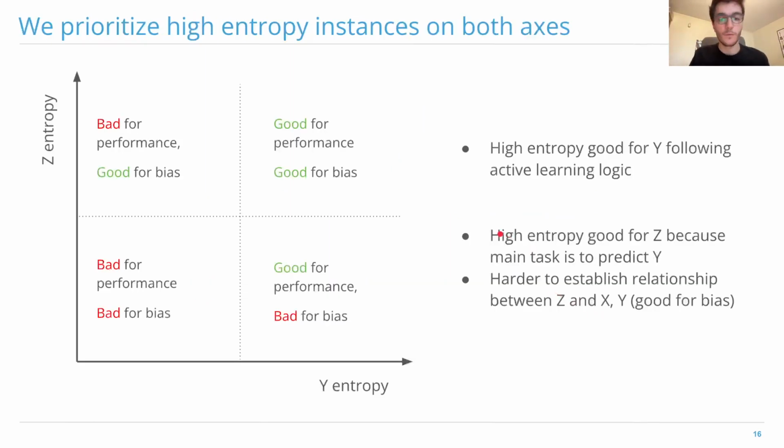In particular, the points that will have highest utility in our framework are points that have high entropy on y, but also high entropy on z, because of the reason that I explained before: it will be hard to use those points to draw a connection between z, x, and y.